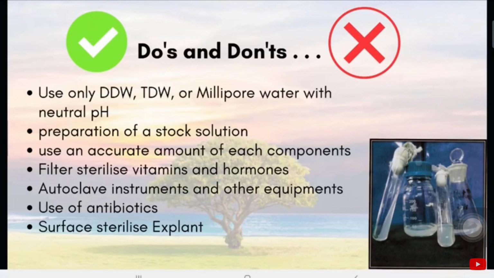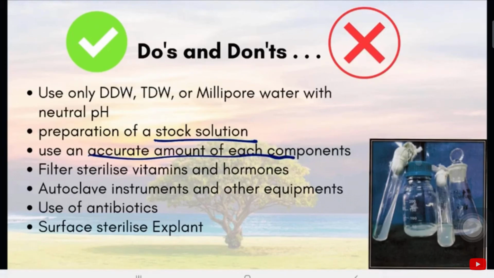Since it is not possible to weigh each component, as we are going to use them in trace amounts, like 1 mg or even less, we have to prepare stock solutions. This helps us to maintain the concentration and thus the accuracy.